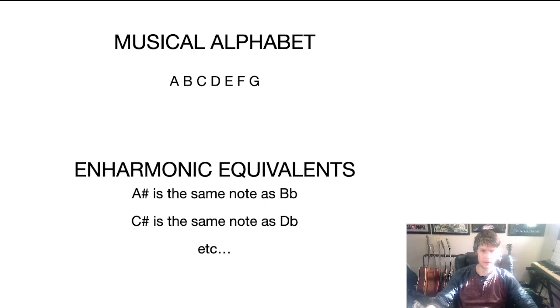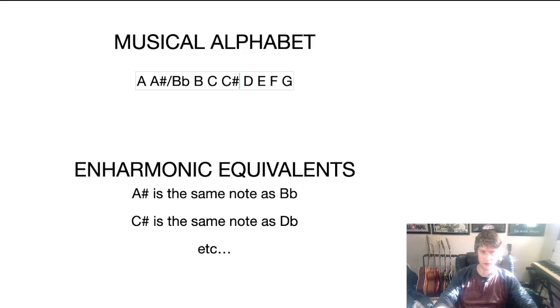So let's fill in our entire musical alphabet using both sharps and flats, so enharmonic equivalents. So after A, we know that we have A sharp, but we can also call A sharp B flat. Again, this is one note with two different names. B doesn't have a sharp, we're going to leave that alone. After C, we have C sharp.